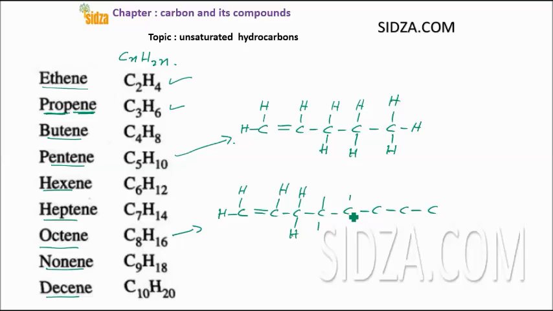All these carbon atoms get 2 hydrogen atoms each. Okay, this one gets 2 hydrogen atoms, and this terminal one gets 3. So the total number of hydrogen atoms: 1, 2, 3, 4, 5, 6, 7, 8, 9, 10, 11, 12, 13, 14, 15, 16. So 16 hydrogen atoms and 8 carbon. So this is octene. This is the structure of octene.